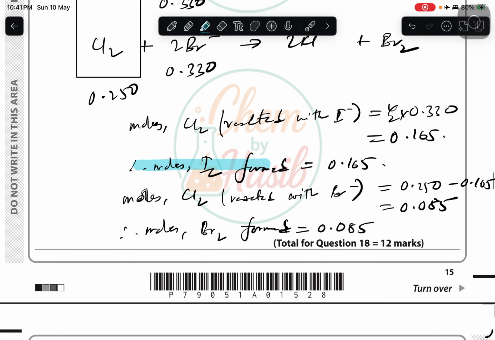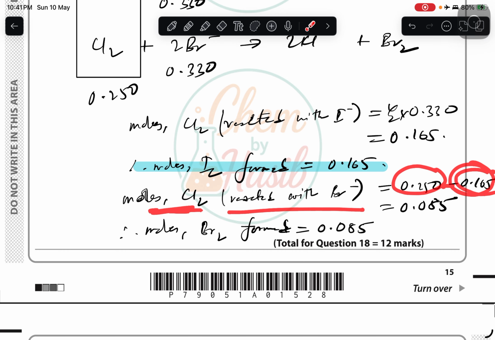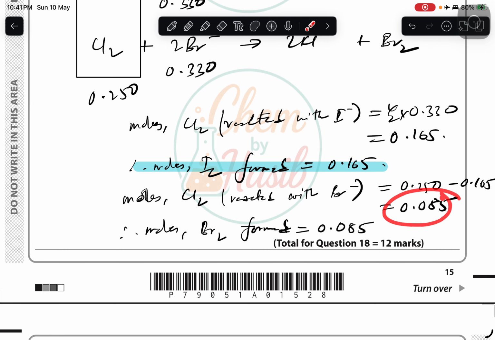The remaining chlorine reacts with the bromide. So the initial moles of chlorine minus the moles that already reacted gives the moles of chlorine that react with bromide, and from this we find the number of moles of bromine formed. So these are the two answers to this question.